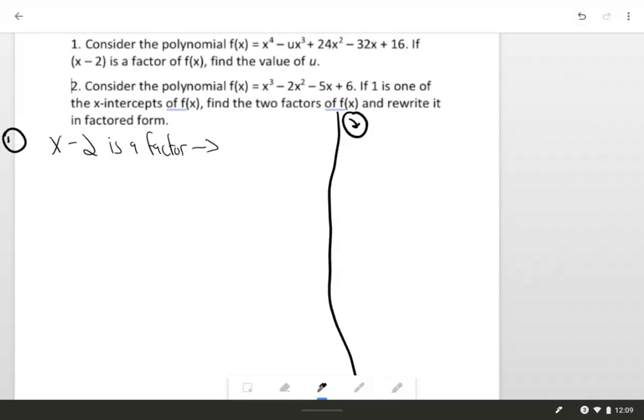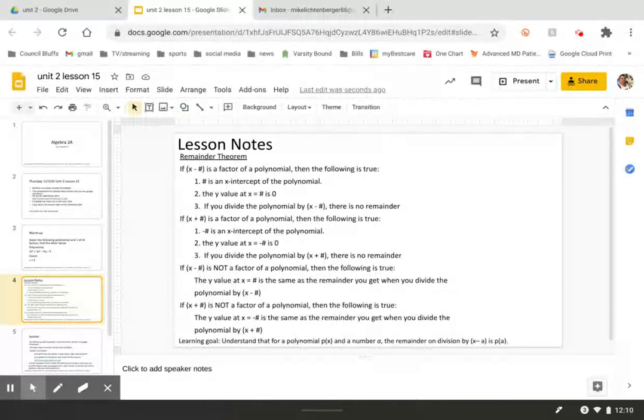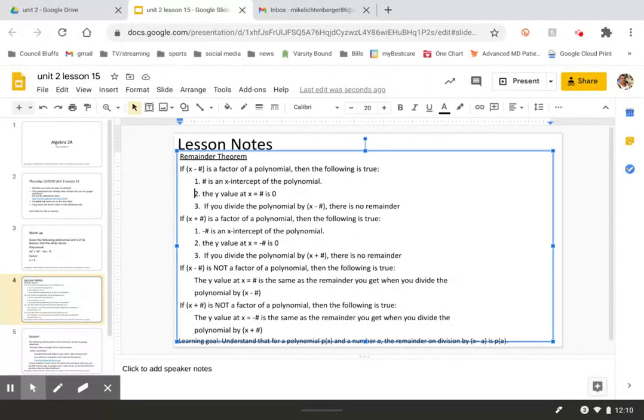Now, it says it in the lesson notes today, but we should actually know this already from the past. We look right here, okay? If x minus a number, in this case x minus 2, is a factor of the polynomial, the following is true. If I switch the minus to plus, that number is an x-intercept.